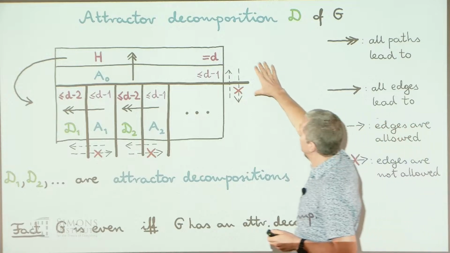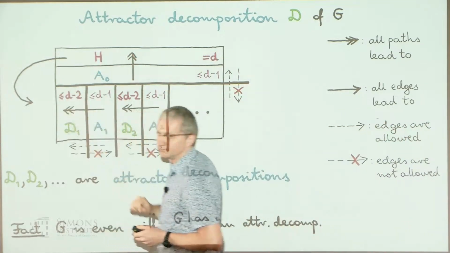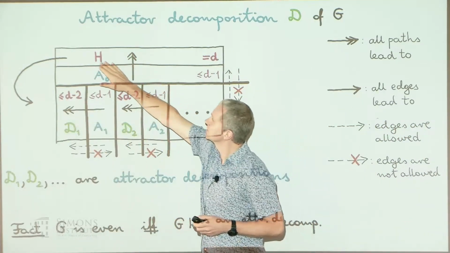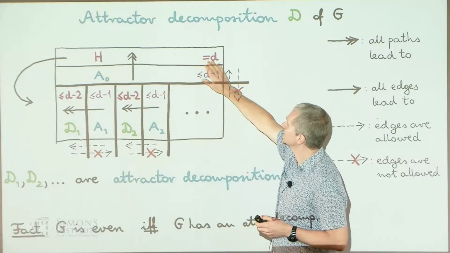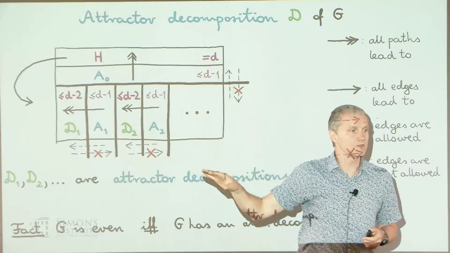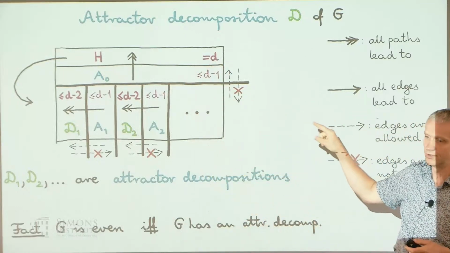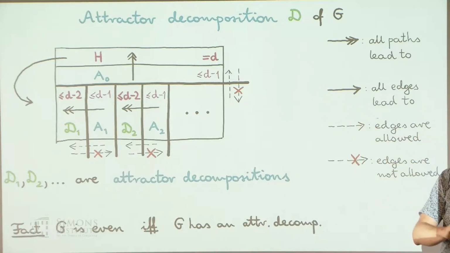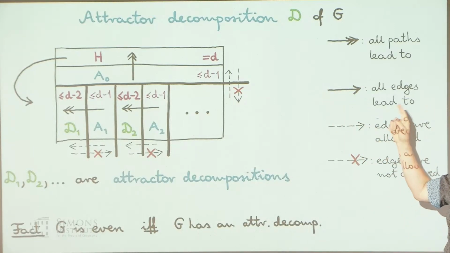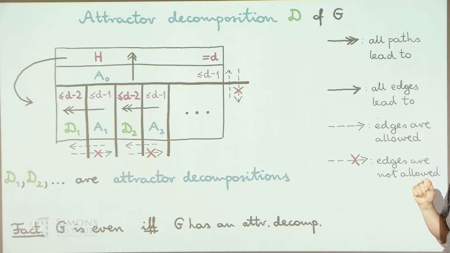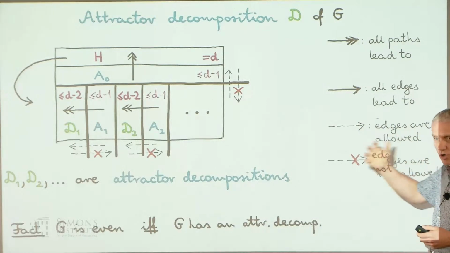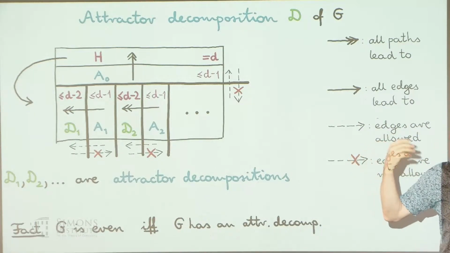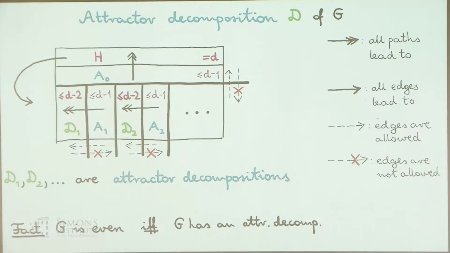Firstly, we have this top part, where the set H is simply the set of all vertices in this graph which have the maximum priority D. I will assume without loss of generality that the priority D is even. So that's the strongest label, and it's even, so it's good.